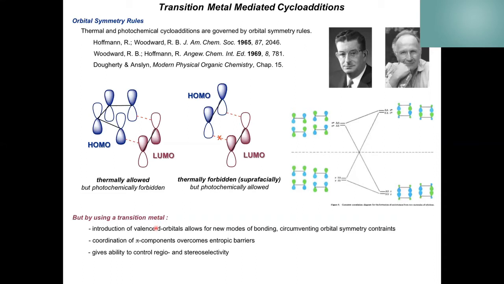It also allows things to break from synchronicity, so we can have much more stepwise processes, which allow these termolecular processes to occur. We don't have the same entropic barriers because we have pre-coordination, pre-association of all of those components, which significantly helps certain types of reactions happen.